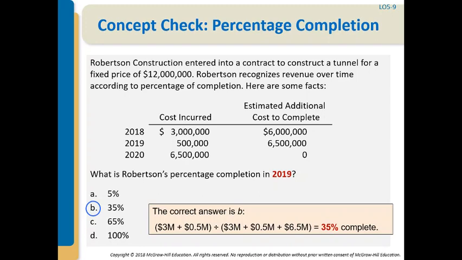And so you take the amount of costs incurred to date here at the end of 19, which is 3.5 million, and you divide it into the total cost, which is going to be 10 million.